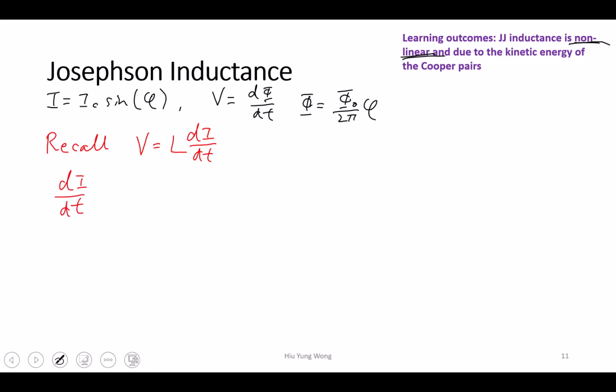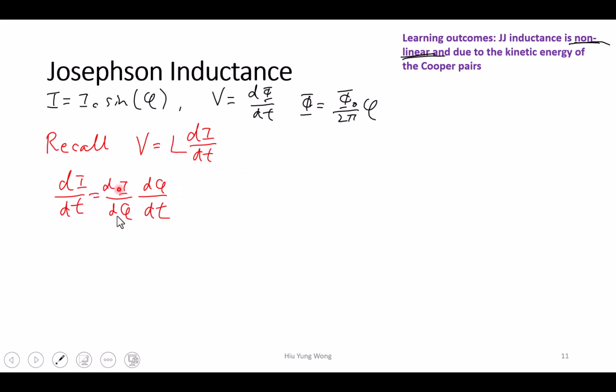I'm going to use the chain rule: di dt equals d phi dt times di d phi, where phi is the phase across the Josephson junction. This is only a mathematical tool. My goal is to get di dt in terms of V, and then the proportional constant is L.